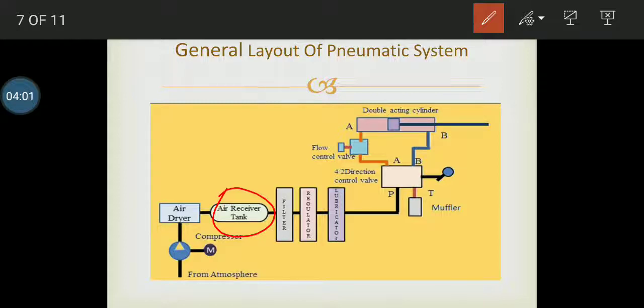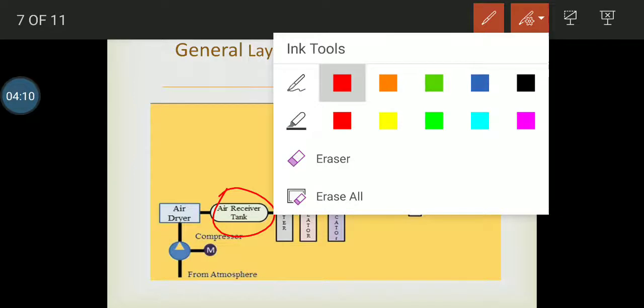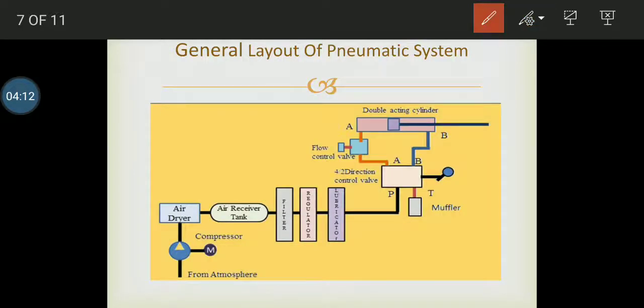So we store it in an air receiver tank, and then accordingly use it in a further process. Once we store that pressurized air, it can move to our next section, which is the filter process.